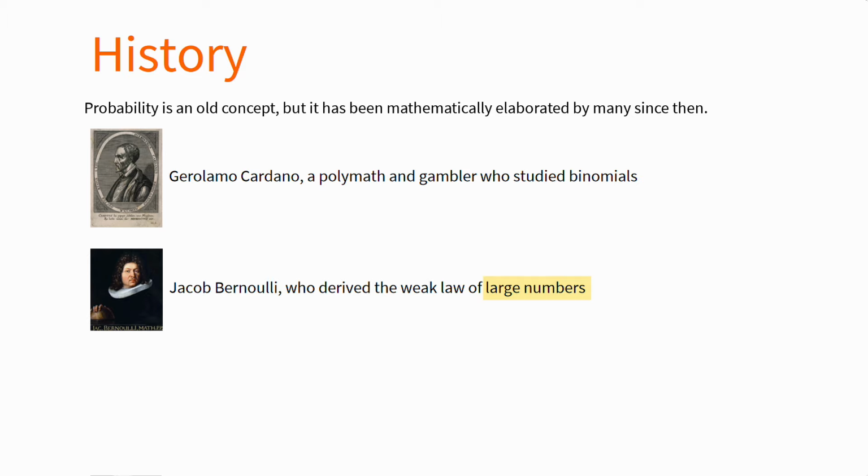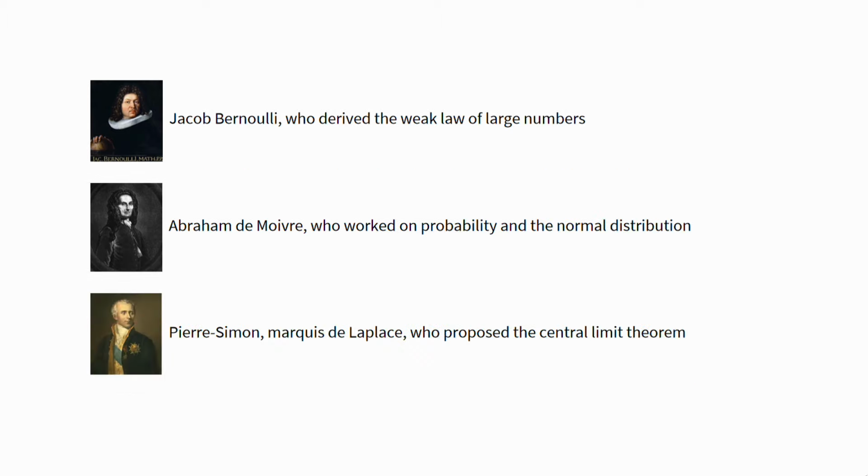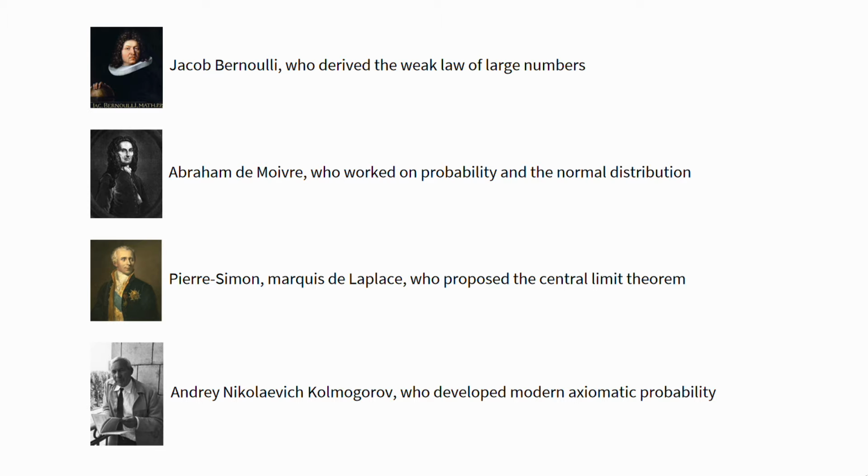And then, pushing further on, Abraham de Moivre discovered the popular bell-shaped distribution that you just saw in the last example. Then, Pierre-Simon Marquis de Laplace, who proved the central limit theorem, a theorem that explains why that bell-shaped distribution is so popular. And then, Andrei Nikolaevich Kolmogorov, who cemented the modern definition of probability.